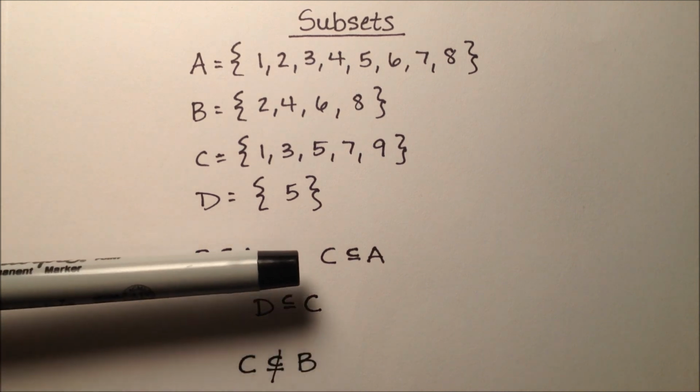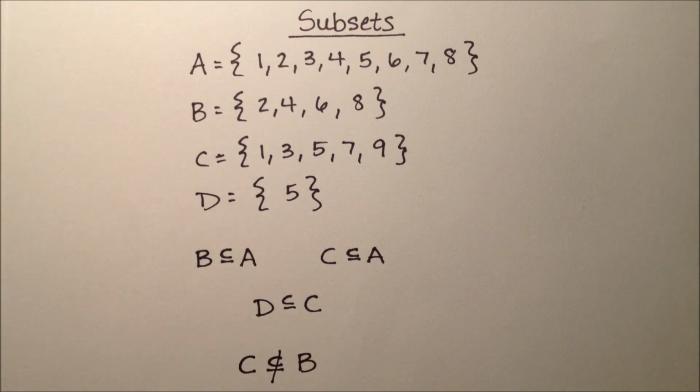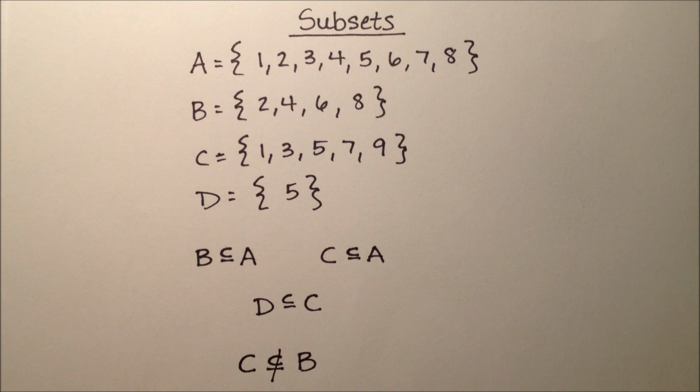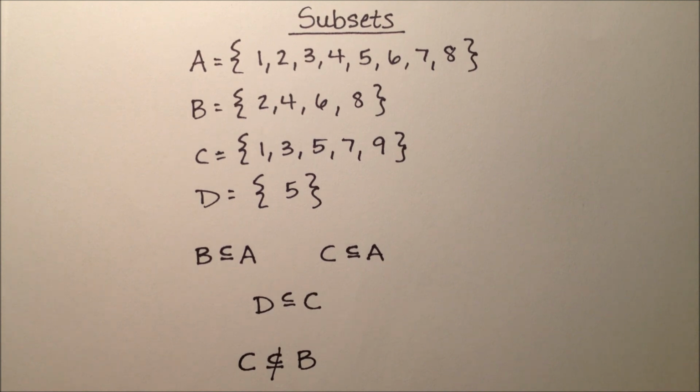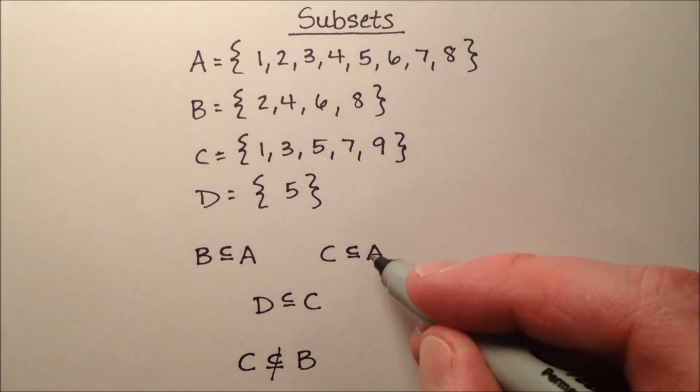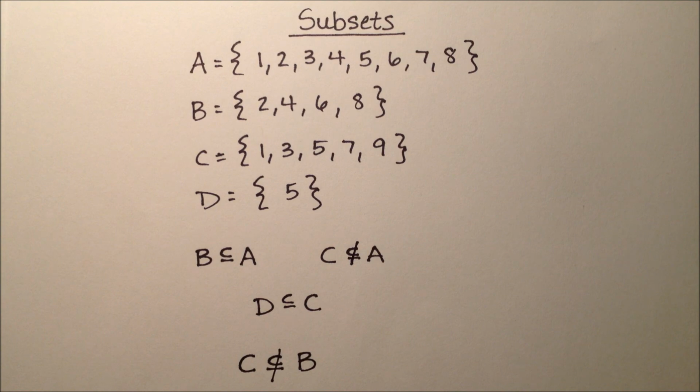The second one says set C is a subset of set A, which in this case is not true, because we have a 9 in set C, where set A does not have the 9. So to change it, we're just going to put the slash through it. Just like that. And now it's C is not a subset of set A.